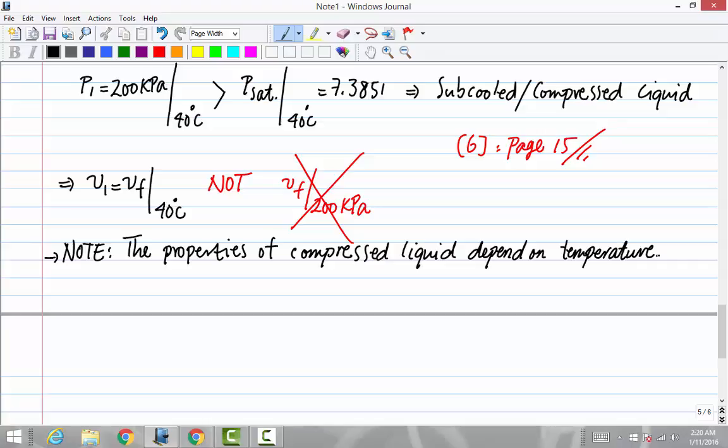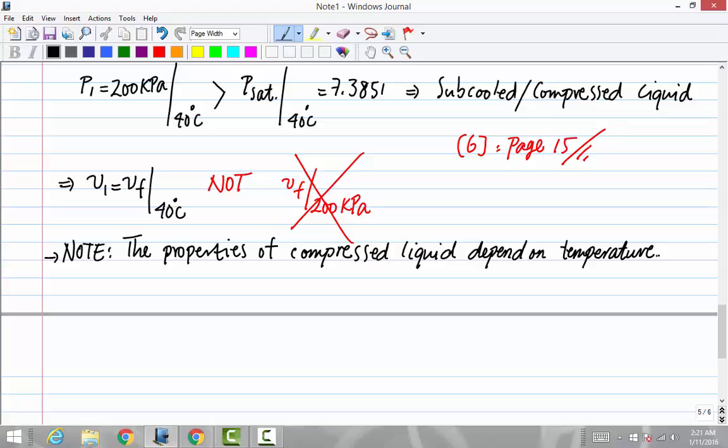Because the only difference between compressed liquid and saturated liquid is that the pressure is higher, and it's basically incompressible, right? We say it's compressed, but it's liquid. The volume doesn't change. The bonding between water molecules does not let us squeeze them and decrease the volume. The only thing that changes the properties is the temperature.